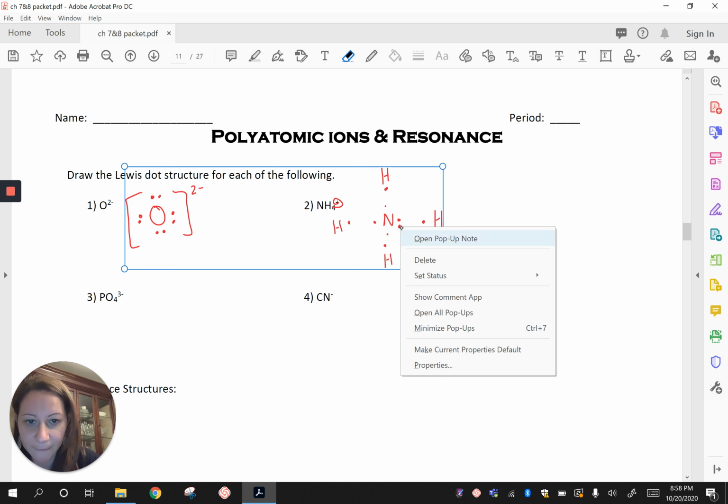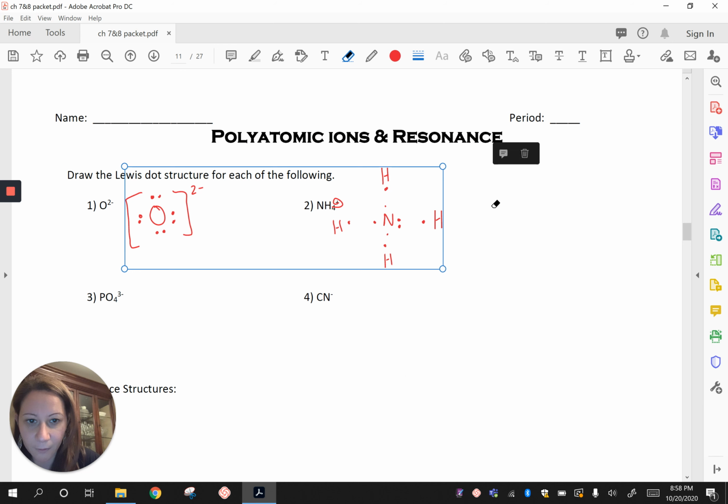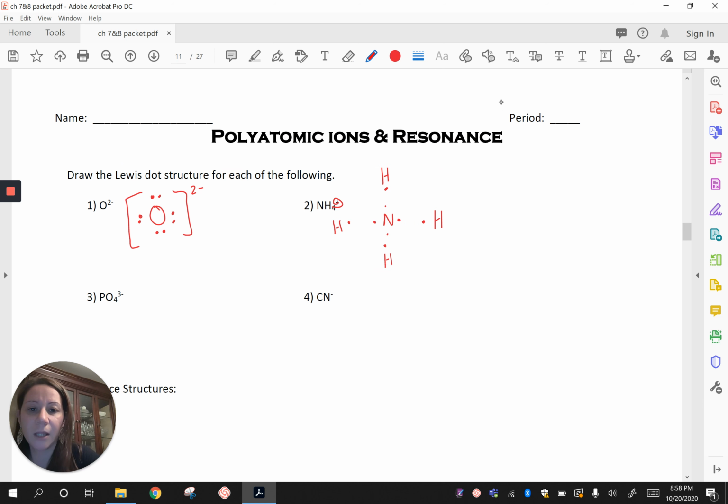So I'm going to erase it. My eraser's not working. There we go. And then I'm going to connect everything once. And then I check that everything has an octet.